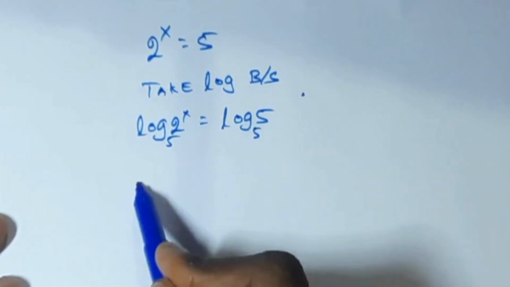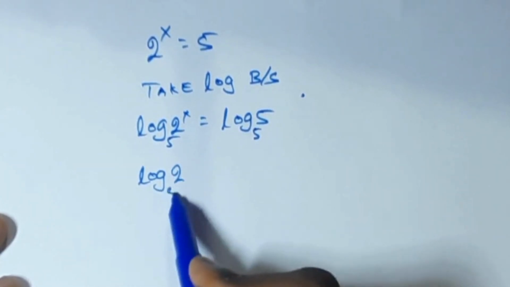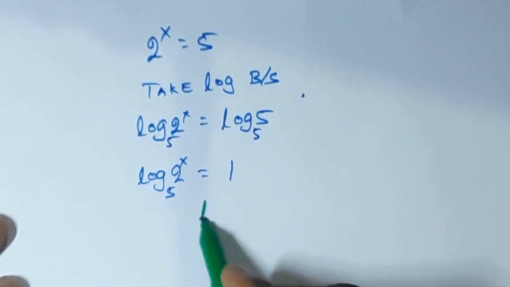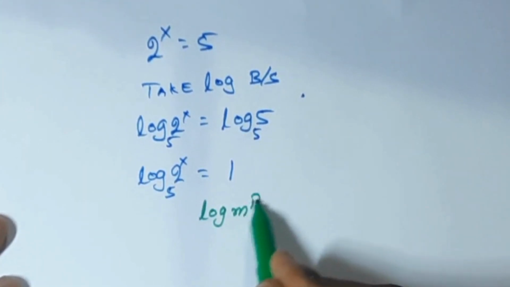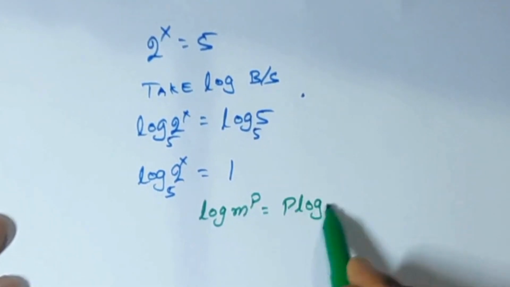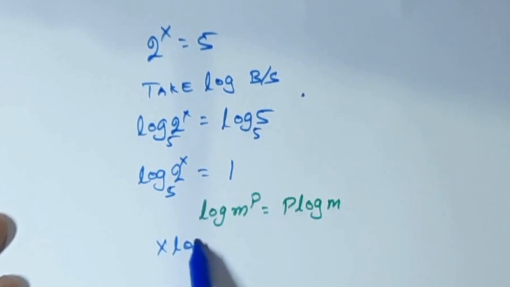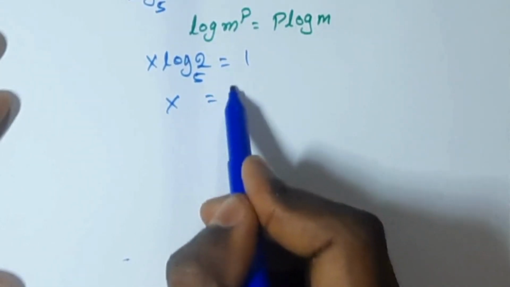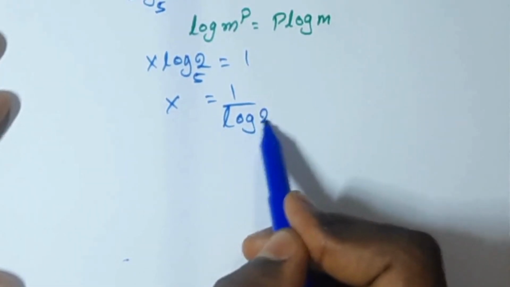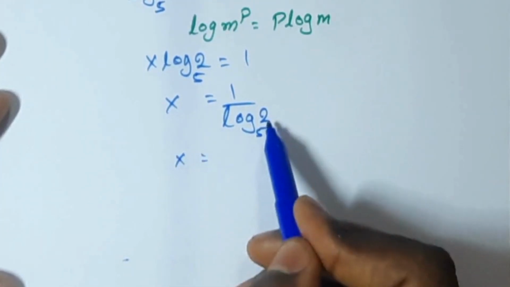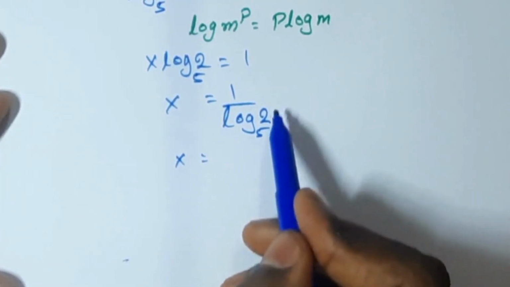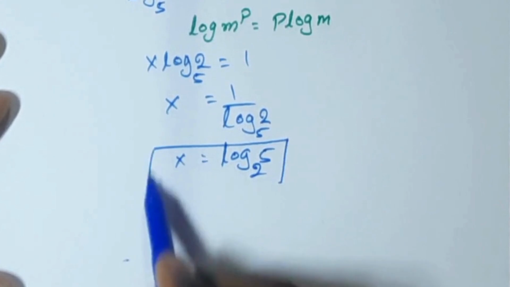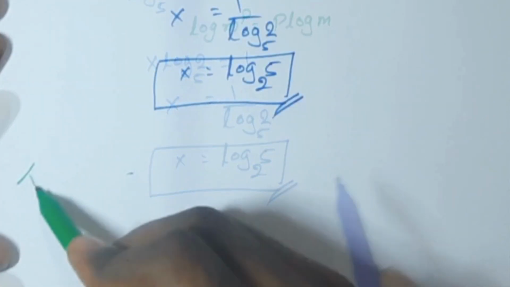Log 2 base 5 to the power of x equal to 1, using log m power p equal to p log m. X log 2 base 5 equal to 1. So x equal to 1 by log 2 base 5. Just interchange this so that it will become log 5 base 2. This is the x value.